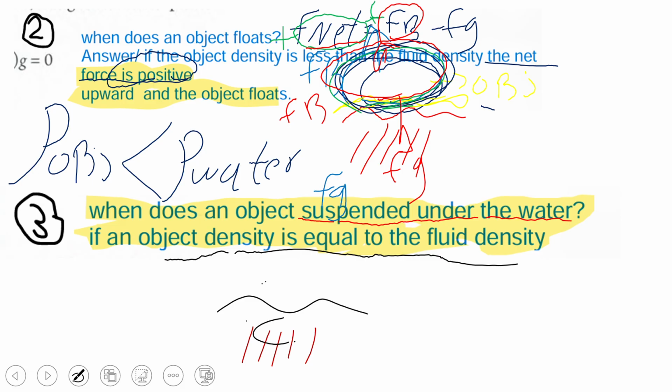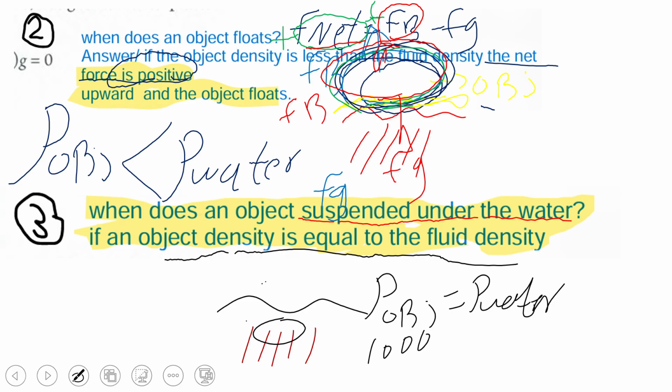Look in here, the object is stuck in here. Why? Because the object's density is equal to the density of the water. Both of them are 1,000. For example, imagine both of them are 1,000. So we don't know if the object is on the surface or totally under the water. We don't know that. So the object is staying in the middle of the water. In that case, why did this happen? Because both densities are equal.